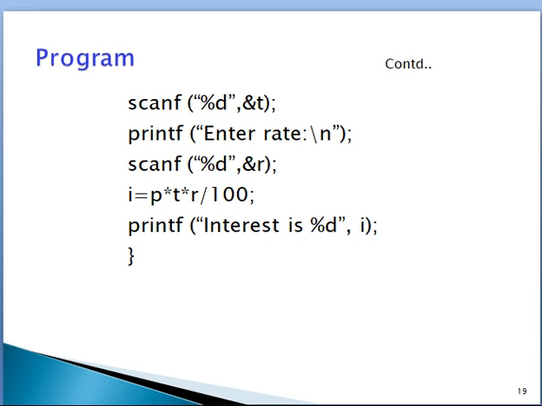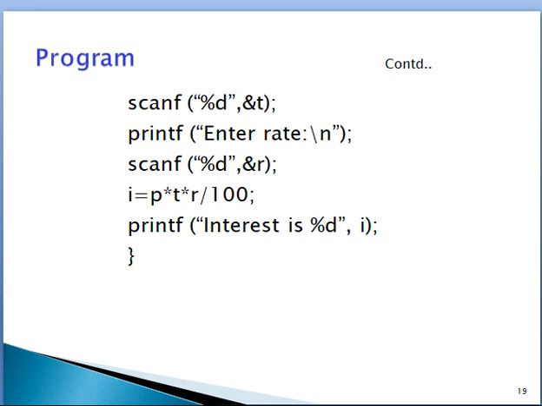The conversion character %d is used here because all the variables are declared as integer. For integer variables, we use the conversion character %d. For floating variables, we use %f.